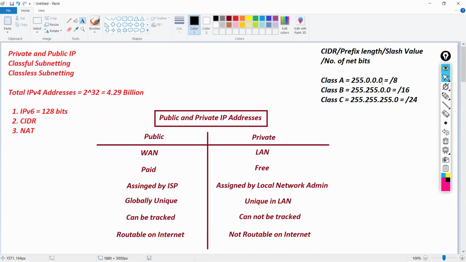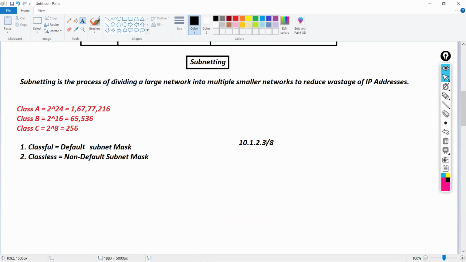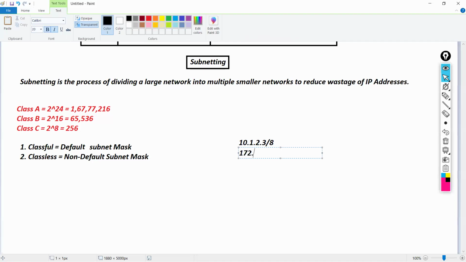We just checked, right? A only. So isn't it the default subnet mask? It is default. So this is classful. If I say this, this is also default.